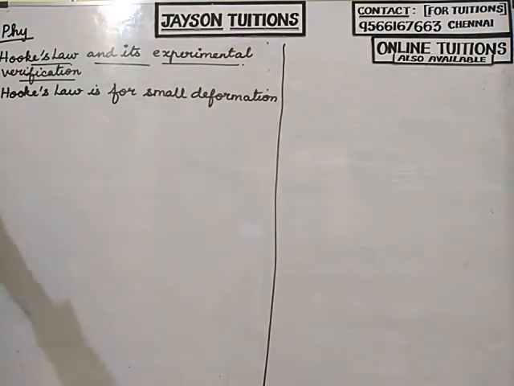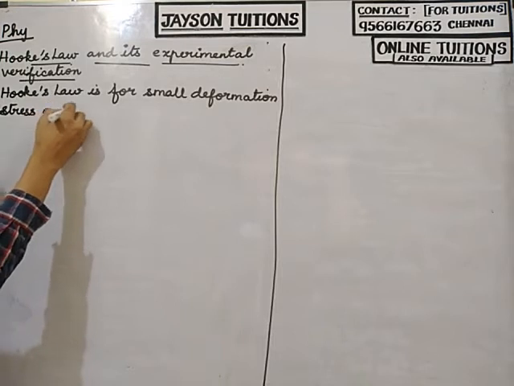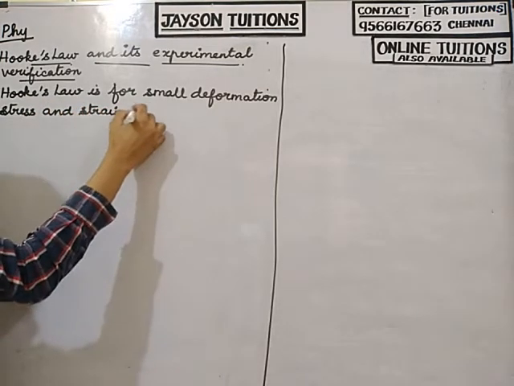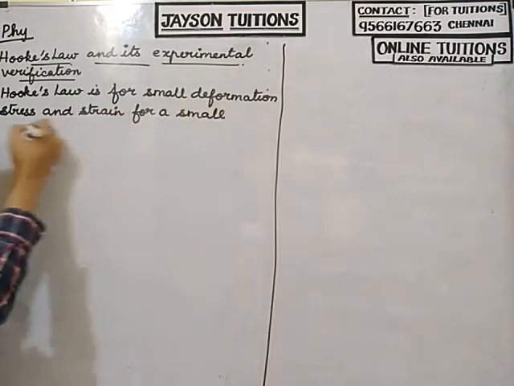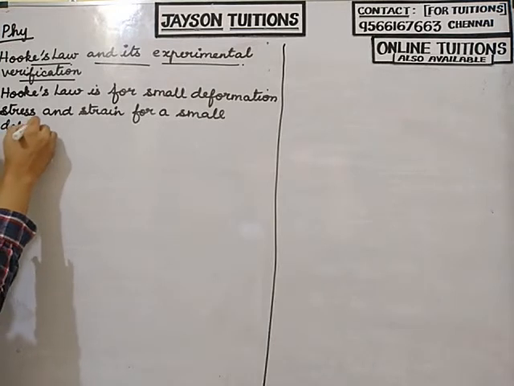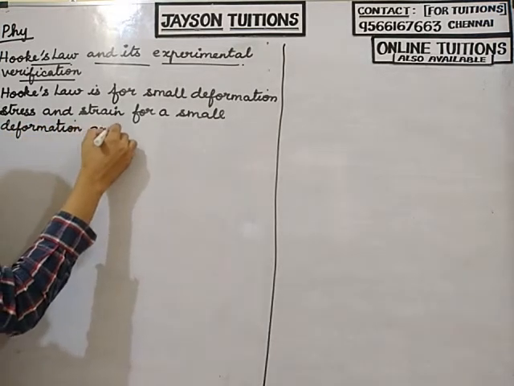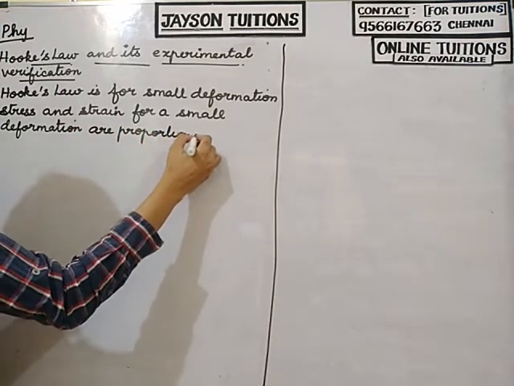Hooke's law states that the stress and strain for a small deformation are proportional to each other.